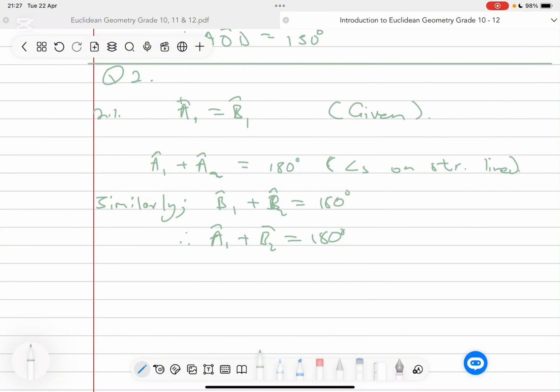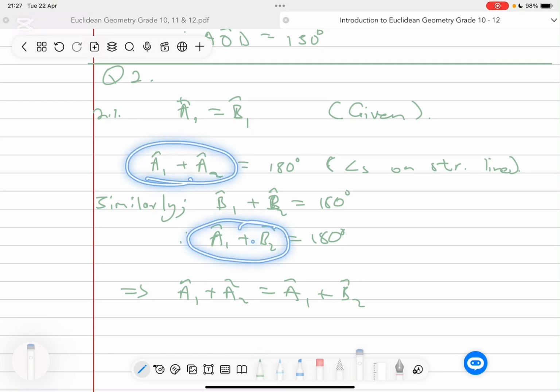That means I can argue that this implies angle A1 plus angle A2 is equal to angle A1 plus angle B2. What I'm saying is that the sum of these two angles must be the same as the sum of these two angles, because both of them are 180 degrees.